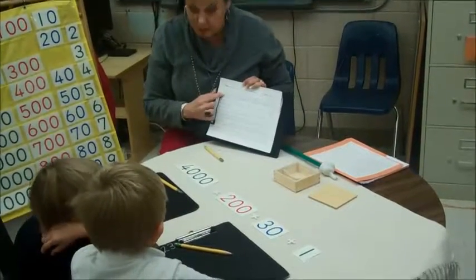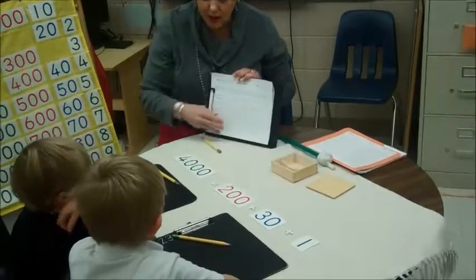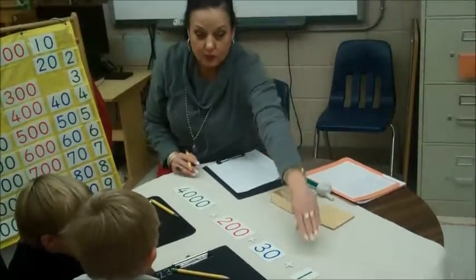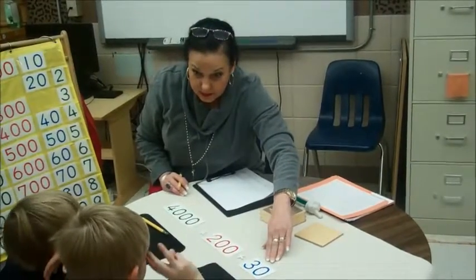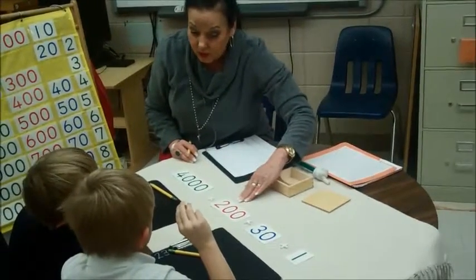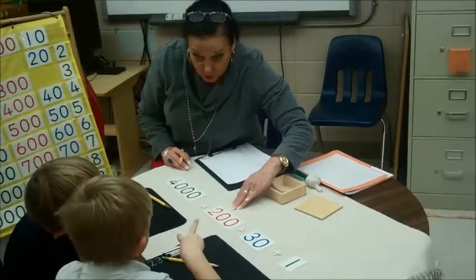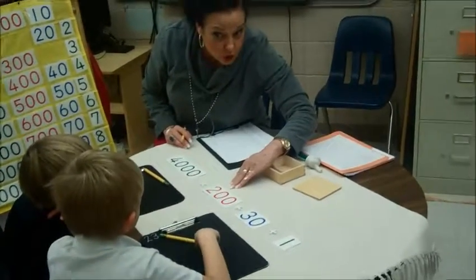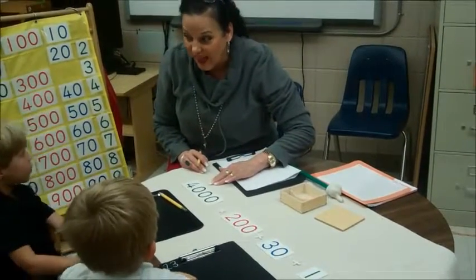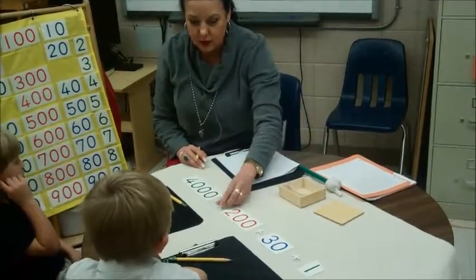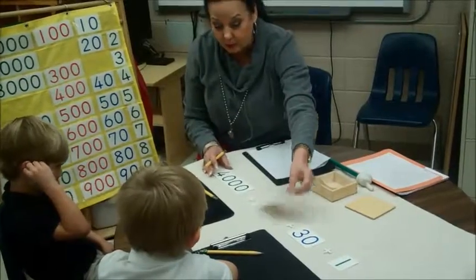So when I take this big number and I stretch it out, what do I have in the units place? How many do I have in the tens place? 30. How many do I have in the hundreds place? 2 what? 200. And what do I have in the thousands place? 4,000.